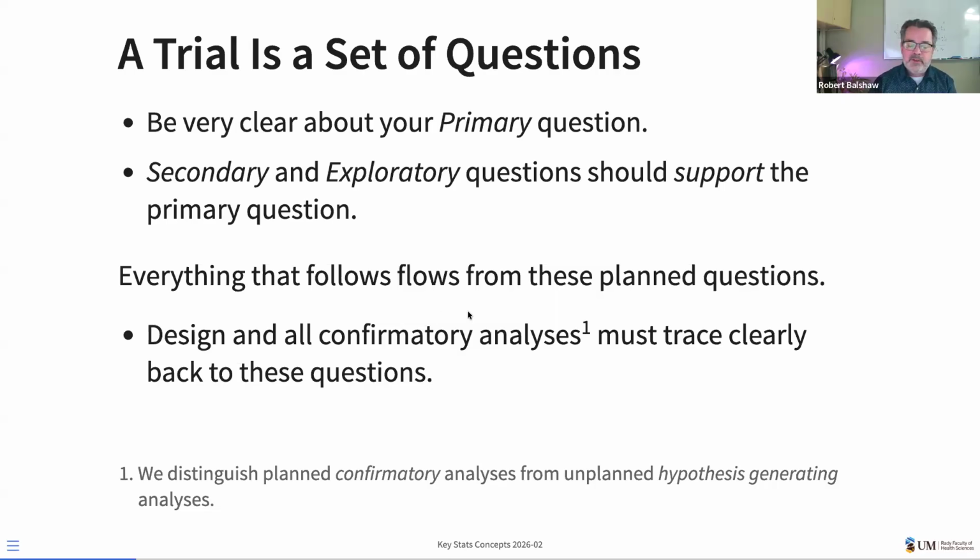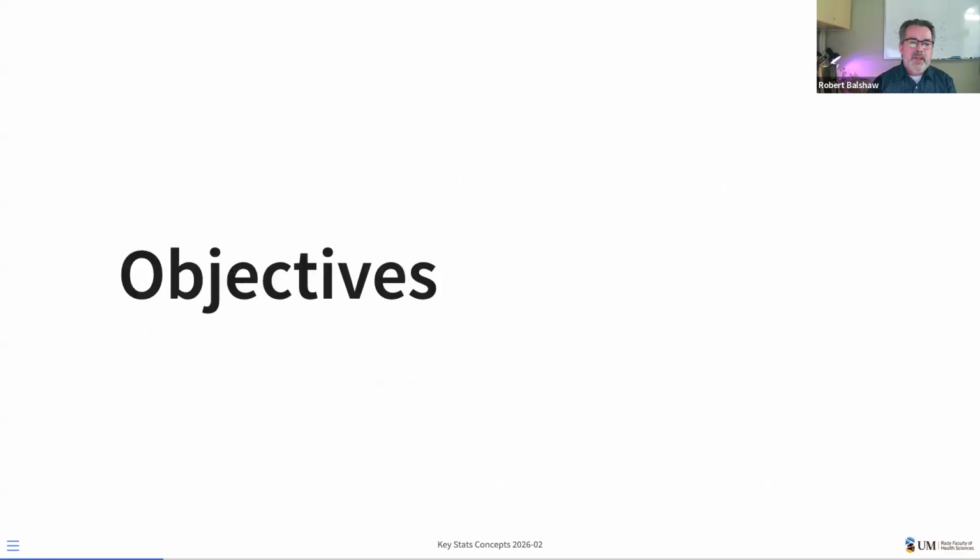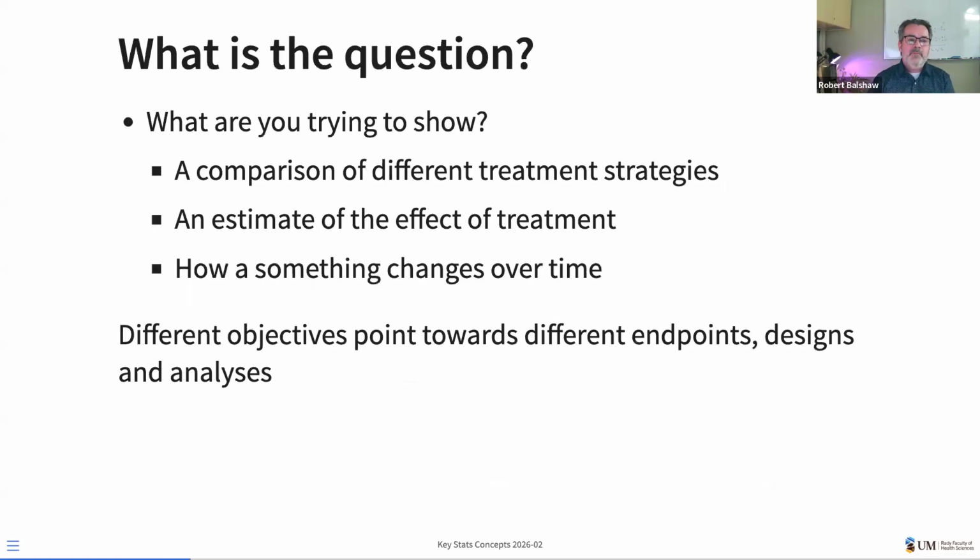Those a priori things are the reason for doing the trial, and like I say, the objectives shape your primary, secondary and exploratory questions, and beyond that, it all hangs off. So, establishing the objectives: what is the question? What are you trying to show with this trial? Is it a comparison of different treatment strategies?